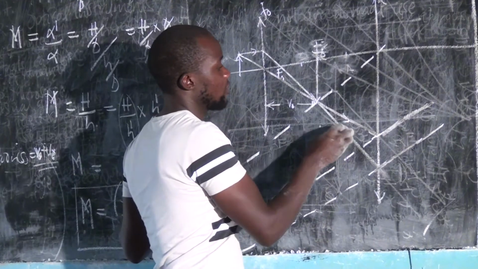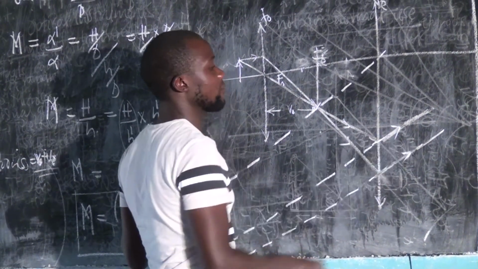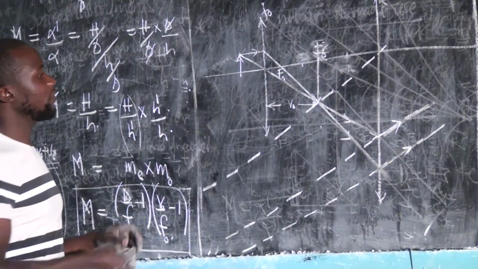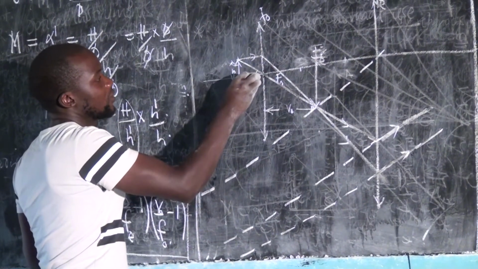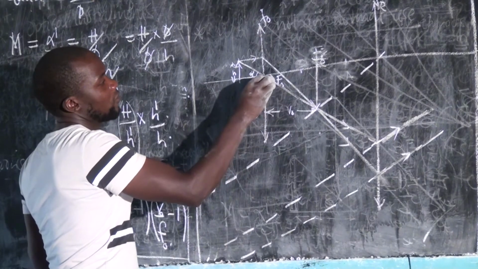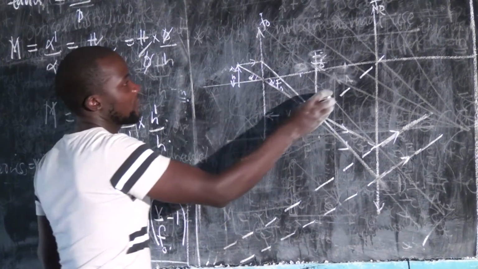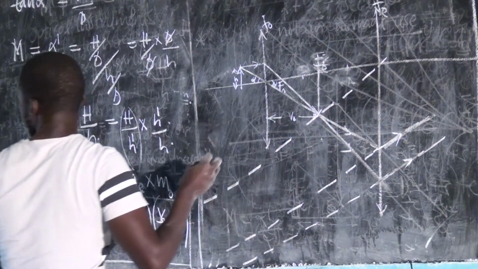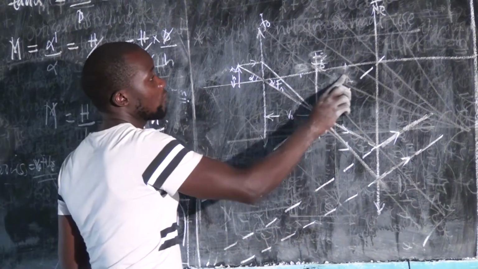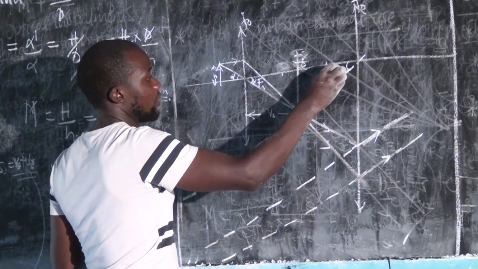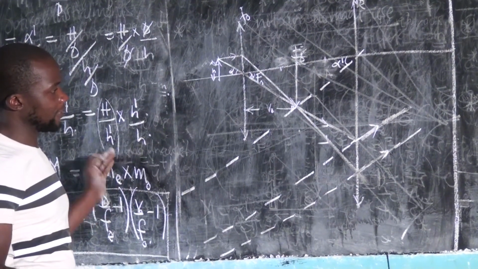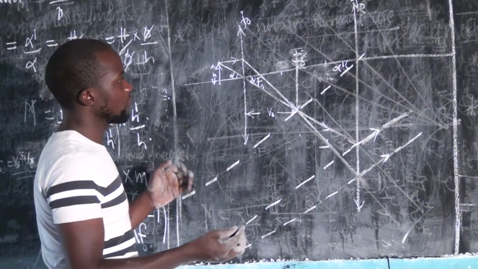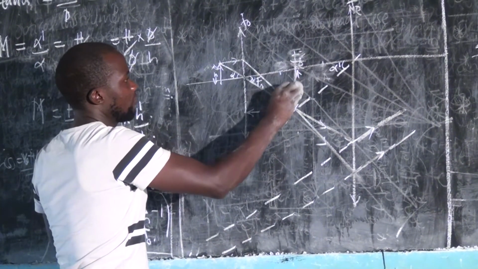So let me have H here. This is alpha. And the other angle being alpha prime, like that.